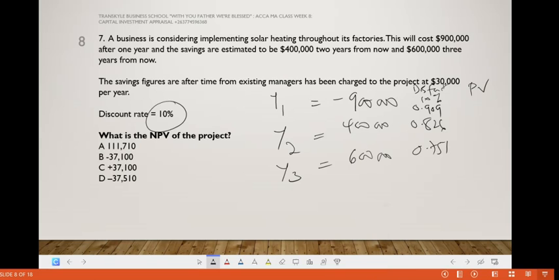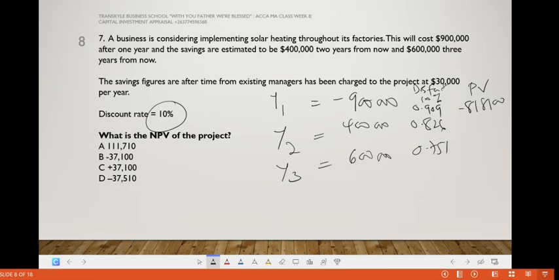So the PV of both outflows and inflows: 900,000 multiplied by 0.909, that's 818,100. This is a negative figure.